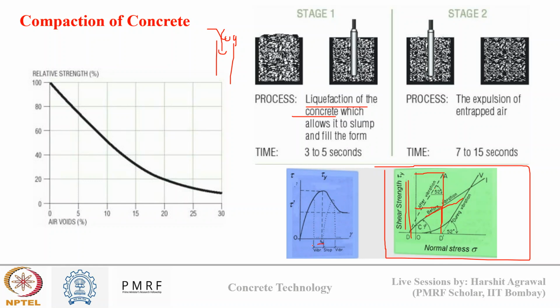So you can see here, I am vibrating my concrete, I am compacting my concrete, so it is increasing the shear strength. However, if my concrete is set and then again I am applying some vibration, it may create cracks and voids inside my concrete. So this compaction effort should be applied while my concrete is in plastic state and not after my concrete is set.